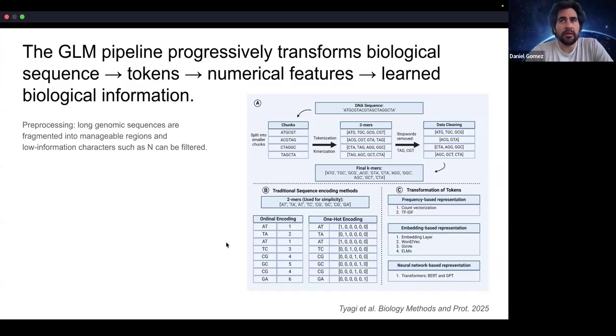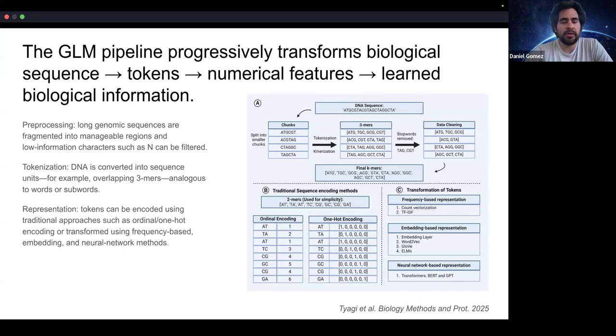So that's pre-processing. In pre-processing, long genomic sequences are fragmented into manageable regions, and low information characteristics can be filtered. And tokenization is DNA converted into a sequence, for example, overlapping three-mers, analogous to stop words or subwords.